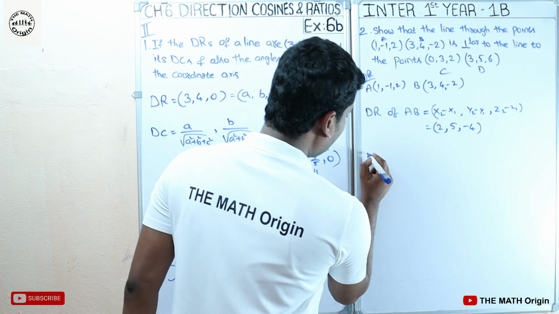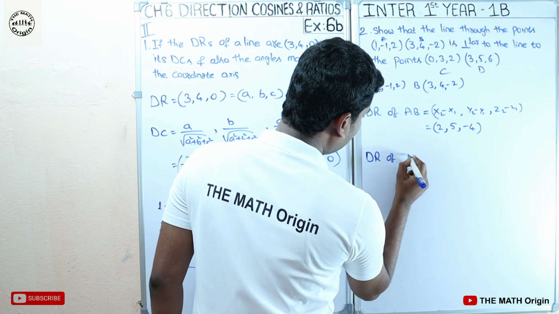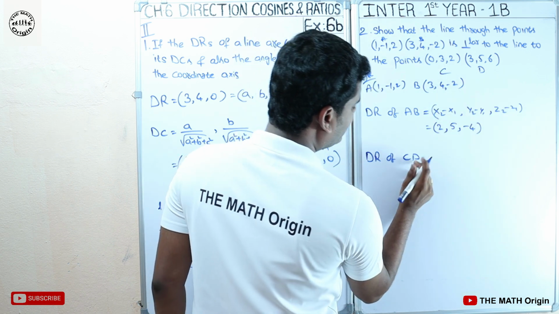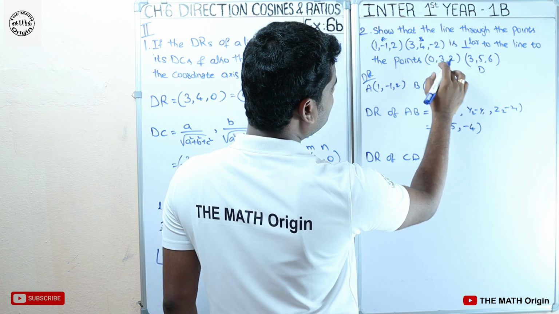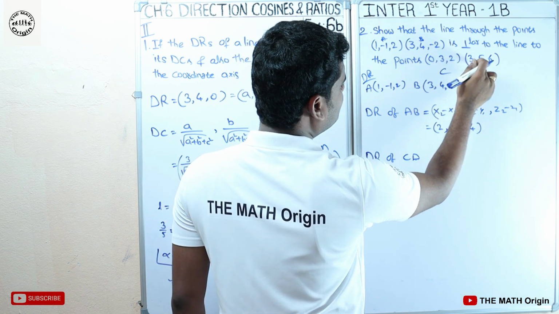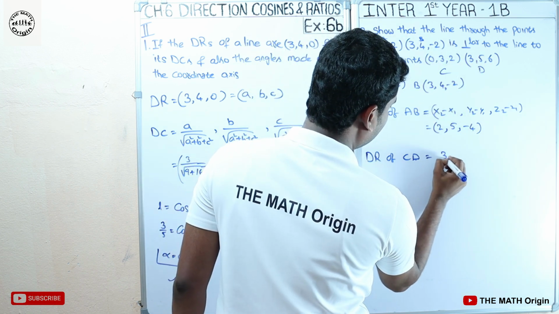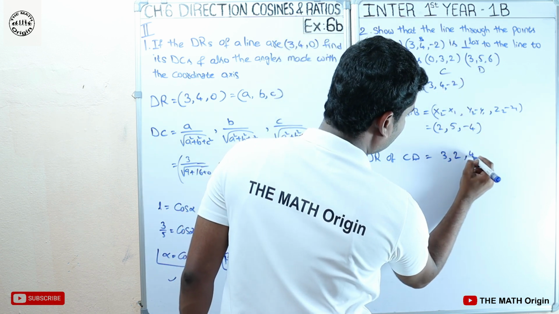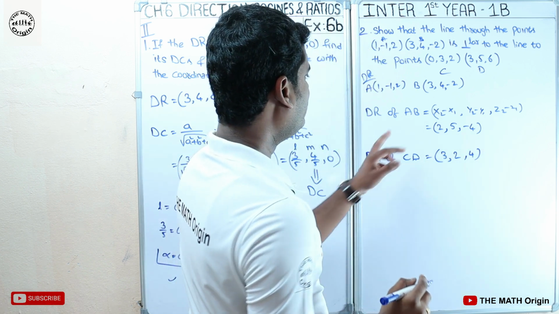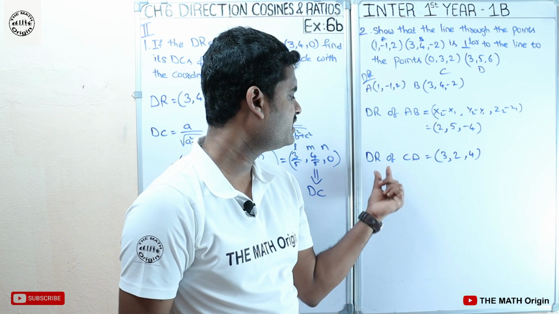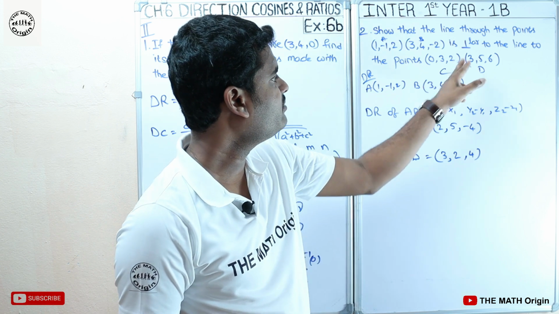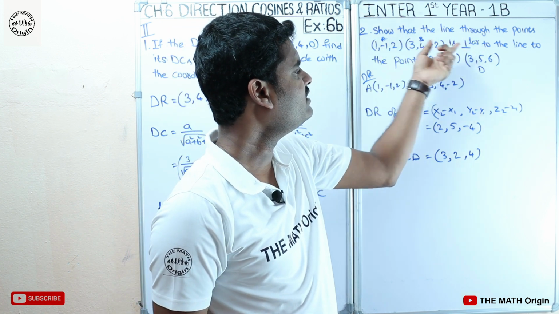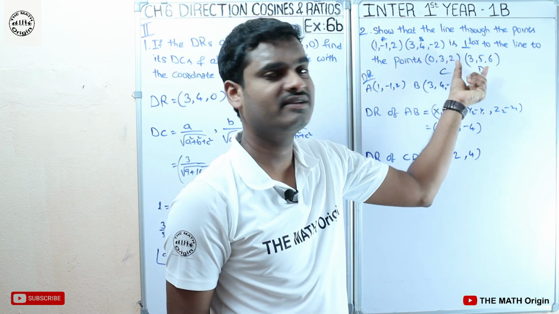Now in a similar way let's find the direction ratio of CD. CD means 3 minus 0 is 3, 5 minus 3 is 2, and 6 minus 2 is 4. Now we have the direction ratio of AB and the direction ratio of CD, and they mentioned that AB is perpendicular to CD.